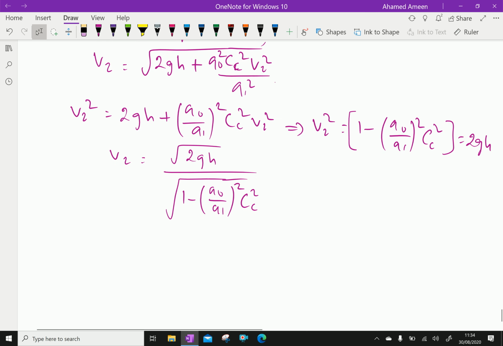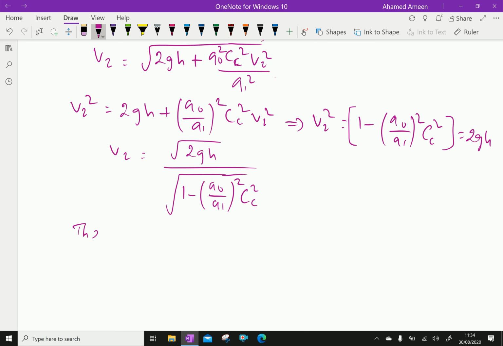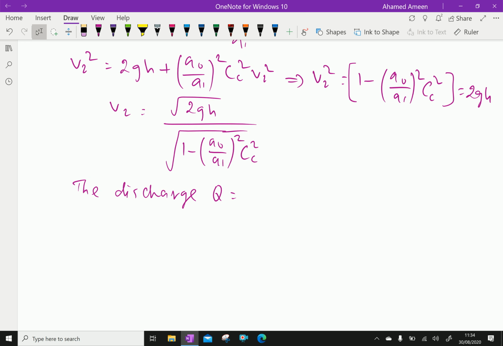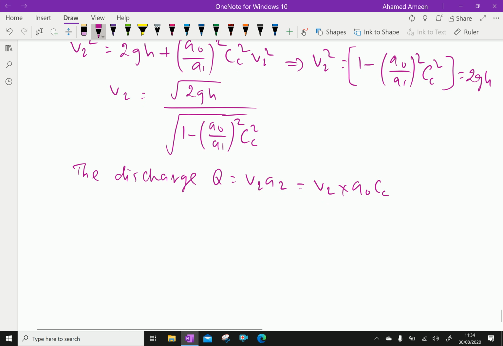Now the discharge. We know the discharge Q equals V2 A2, which is equal to V2 A0 CC, because A2 is A0 CC, the coefficient of contraction.